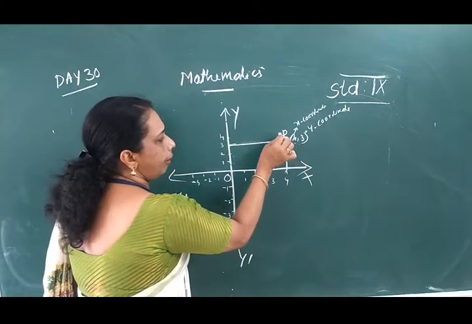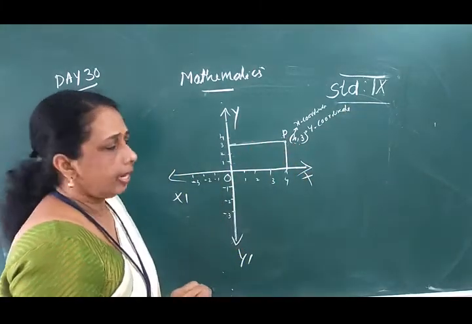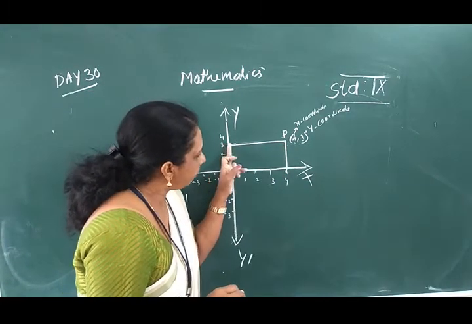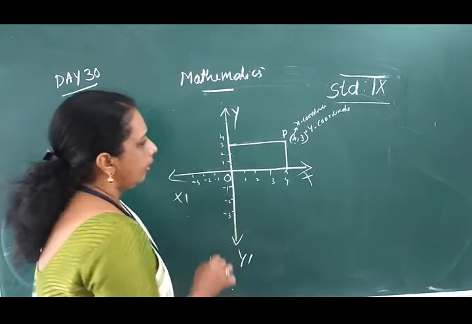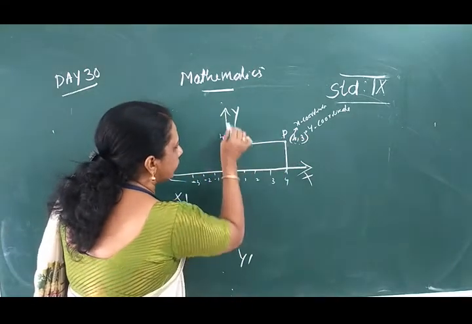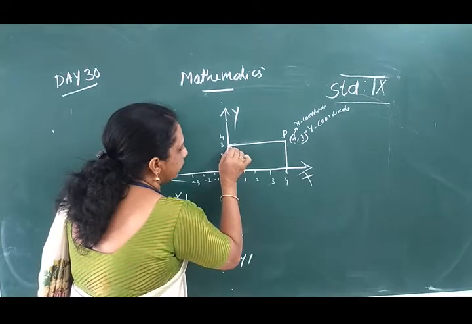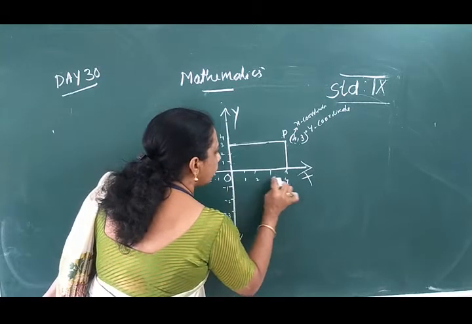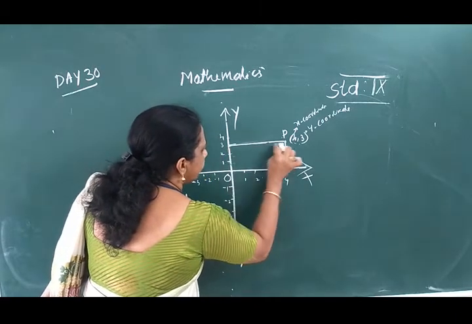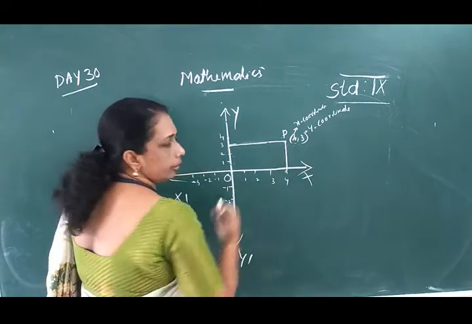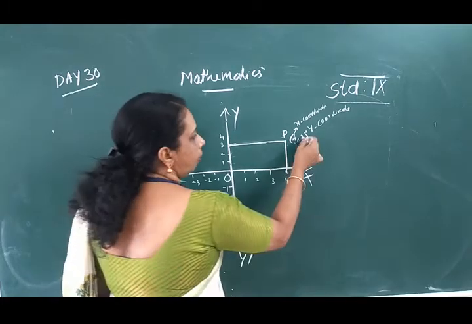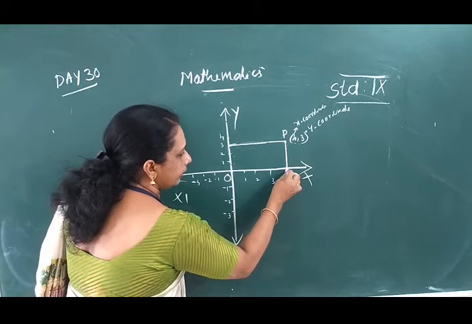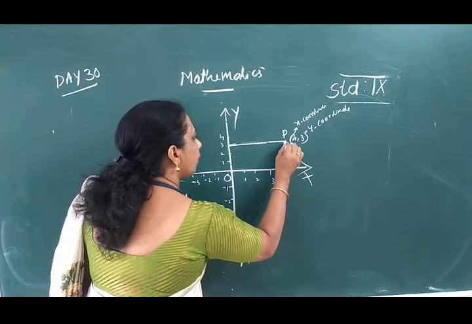The x coordinate of a point P is its perpendicular distance from the y-axis, measured along the x-axis. That is 4 units. The y coordinate of a point is its perpendicular distance from the x-axis, measured along the y-axis.